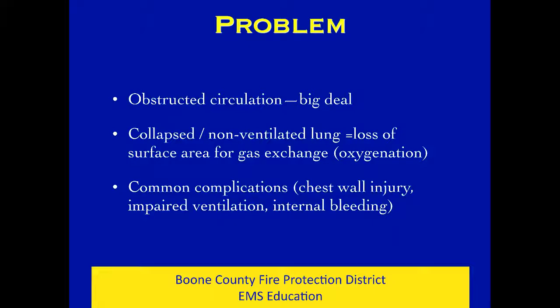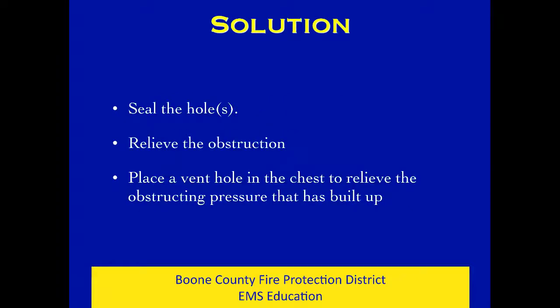And so a tension pneumo results from, in most cases, traumatic chest injury, and that trauma causes additional complications besides the loss of the ventilated lung, the non-ventilated lung collapsing, and that loss of surface area, as well as a problem with circulation.